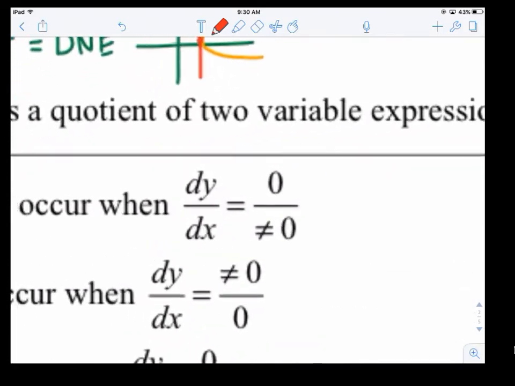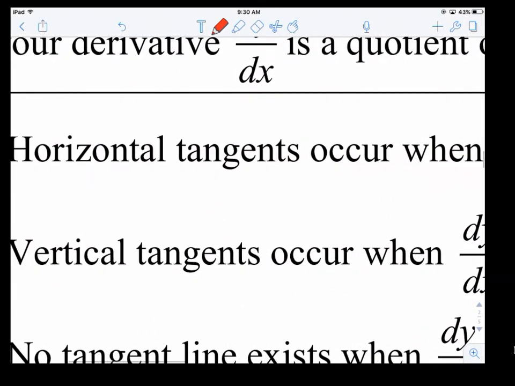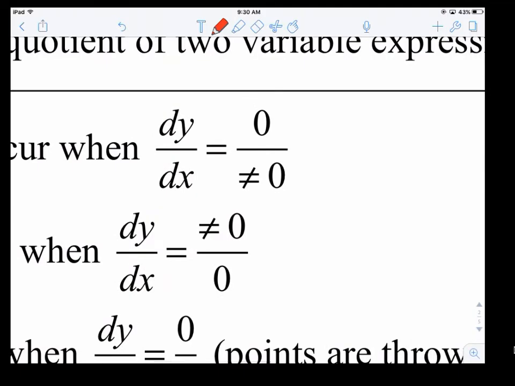So horizontal tangent is when your slope is 0, right? So what you want to look for is you want to look at the numerator and set the numerator equal to 0, and you want to make sure that your denominator does not equal 0. So you want 0 over some number.